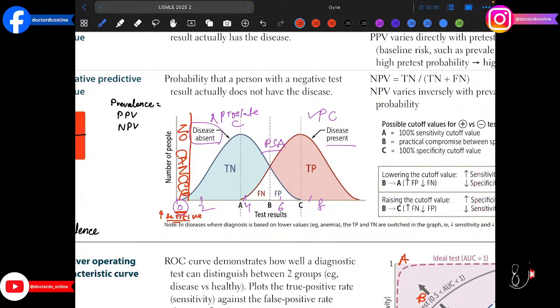Now, for our example, let's change our PSA value to 4. Here, you can see that some patients with prostate cancer actually have a PSA less than 4. These are actually the false negatives. And if you only did a prostate biopsy with a PSA greater than 4, you would miss these patients, or their test would be falsely negative.